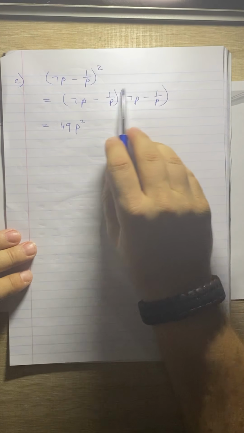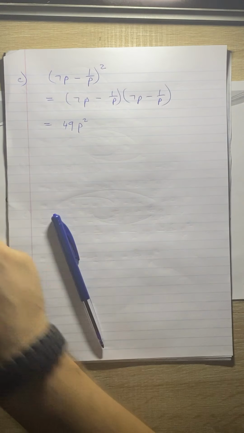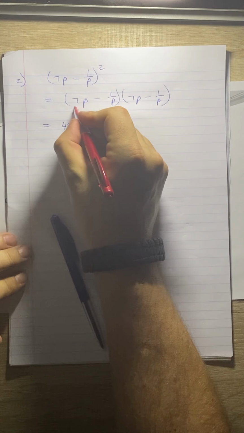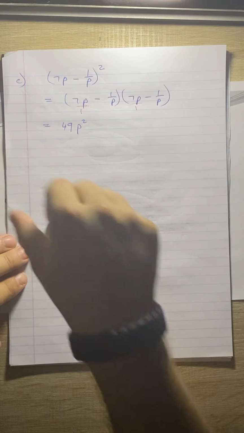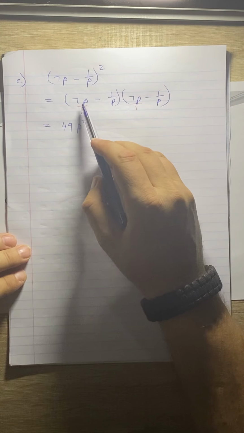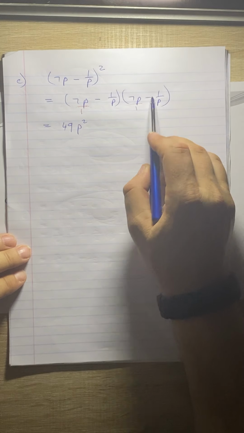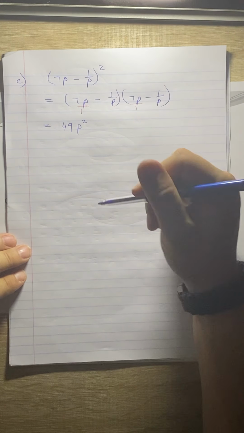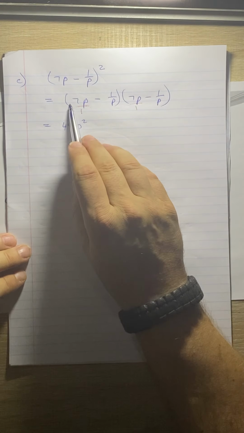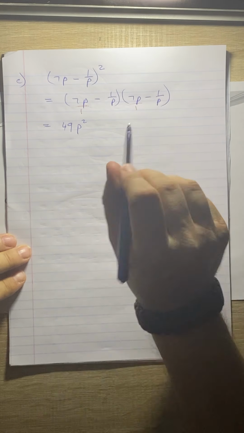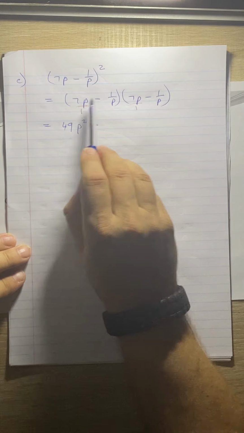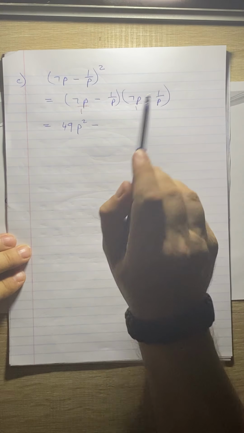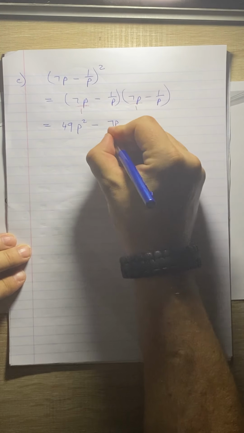Now we're ready to do the outers. Now remember, grade 10s, that this is over an invisible 1. And the same thing with this. So all I'm going to do again, when I multiply this with this, is just do the top with the top and the bottom with the bottom. So first of all, we've got a positive times a negative is a negative. Then I'm looking at the tops, 7p times 1. So 7p times 1 is just 7p over.